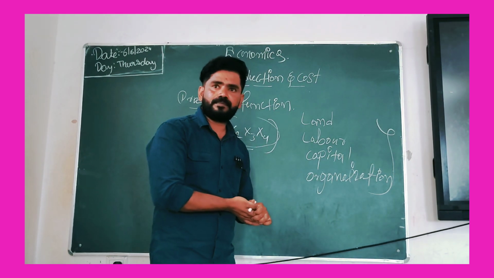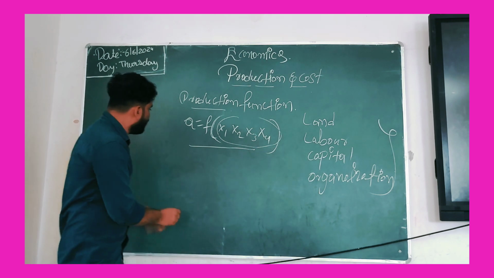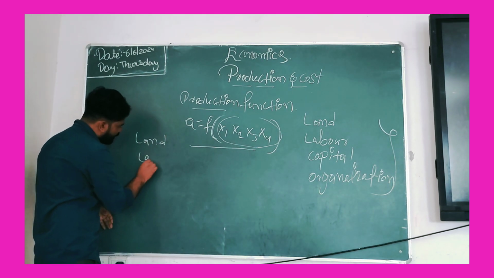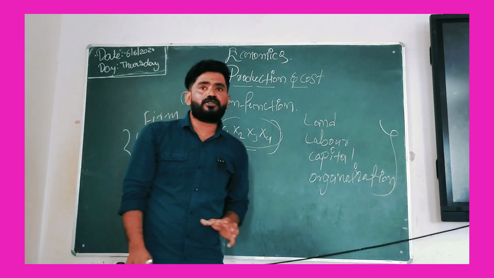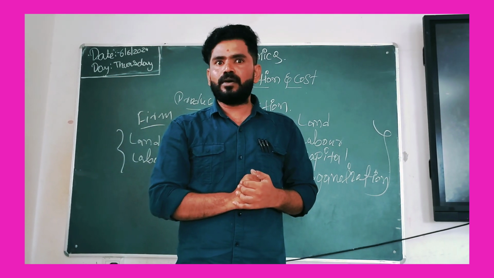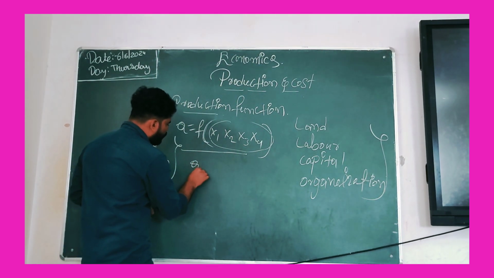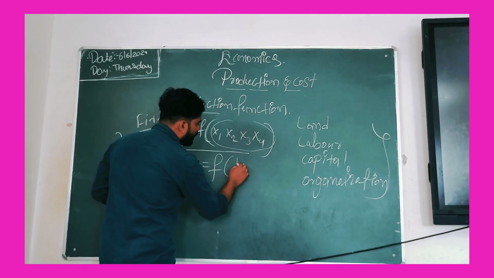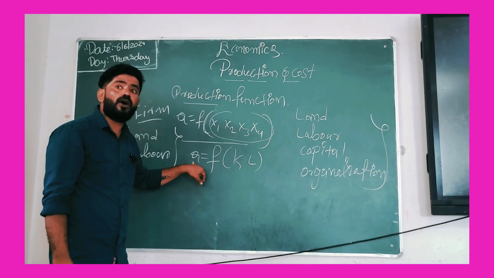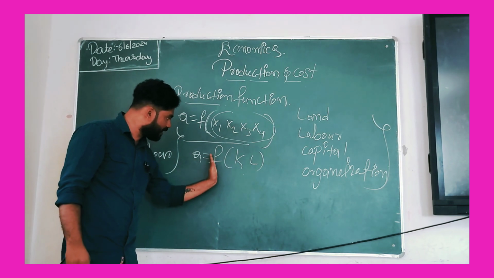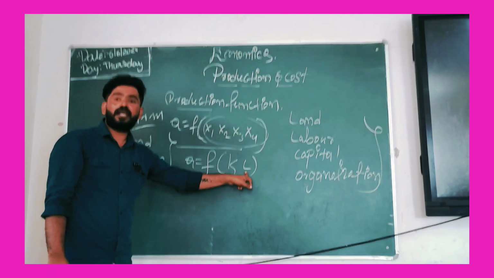For example, a firm uses only 2 types of inputs, say land and labor. With 2 types of inputs, Q = F(K, L). Here Q means output, F means the functional relationship with the inputs, K means capital, L means labor.